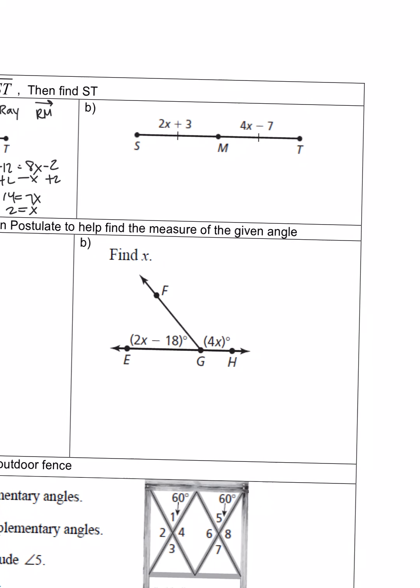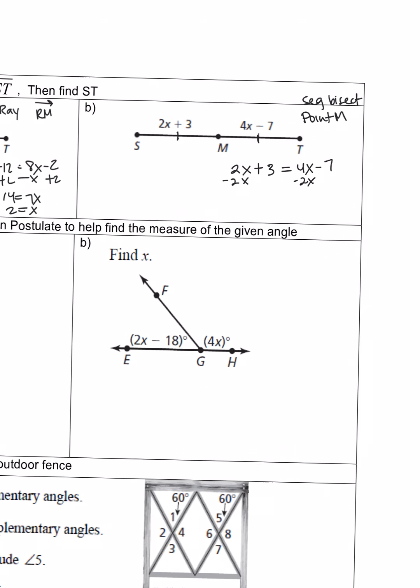All right. Over here, the segment bisector is the thing that does the cutting. In this case, we just have a point M. So point M is a segment bisector. These congruence marks tell us that we can set those two equations equal to each other. 2x plus 3 equals 4x minus 7.